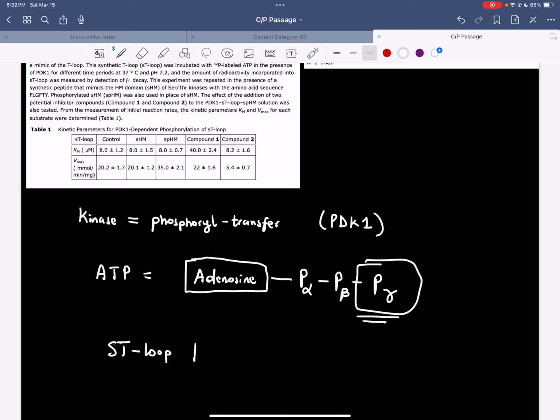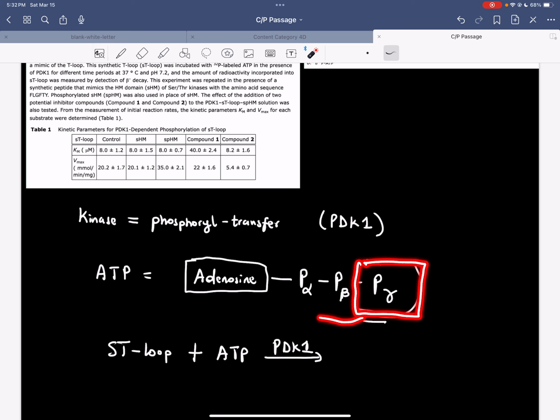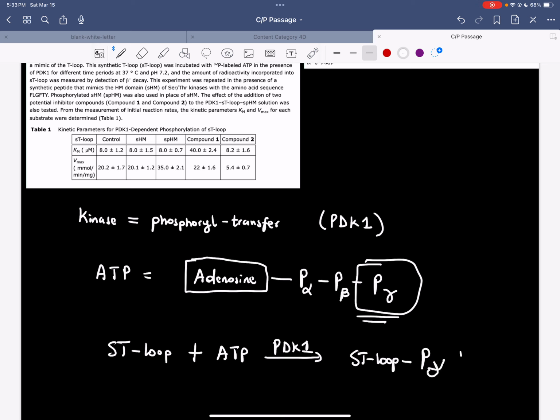It's ST loop plus ATP that we are incubating in the presence of PDK1. So PDK1 will kick out this gamma phosphoryl group and transfer it to the ST loop. So the ST loop will now be connected to the gamma phosphoryl group, plus ADP. So that is what this kinase reaction will do.